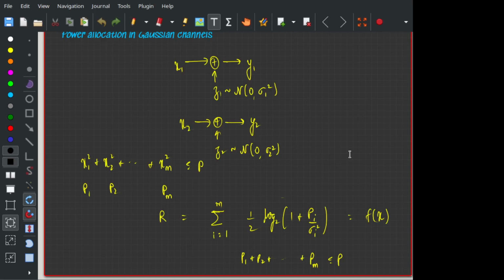It doesn't matter if you've not seen this before, or if you're not familiar with communication systems, but you can take it for granted that the total rate you can achieve is given by this expression, where the sigma i squares are given to you, and your goal is to subdivide the power P, allocating it across the different channels. P i is the amount of power that you're allocating to the ith sub-channel. This will be the total rate that you can achieve, and your goal is to allocate the power so as to maximize this expression. This comes up very frequently in wireless communications.